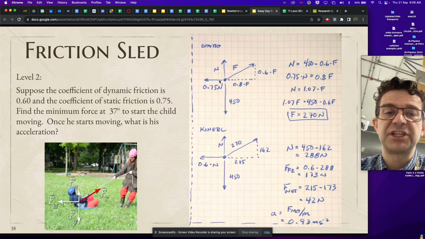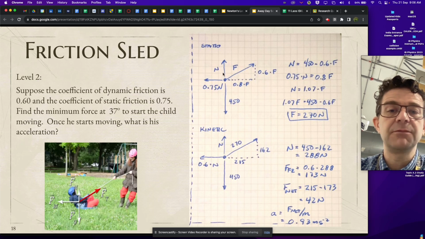The force of friction is found from the normal force. It's 0.75 times the normal force. Since we're in a static situation, we're going to look at the way that this balances out. Vertically, the normal force, added to the upwards force from tension, has to balance out the 450 newtons down, the force of gravity.